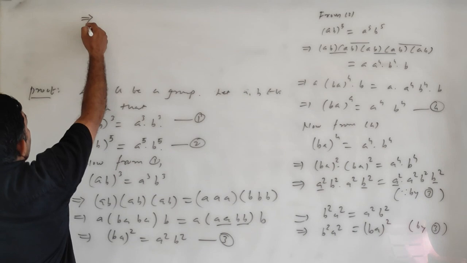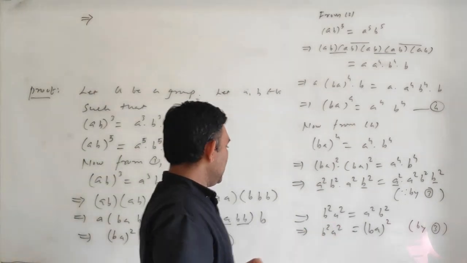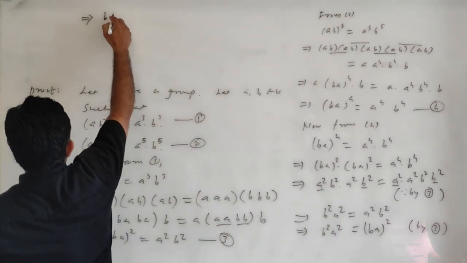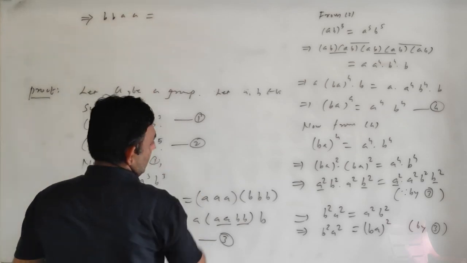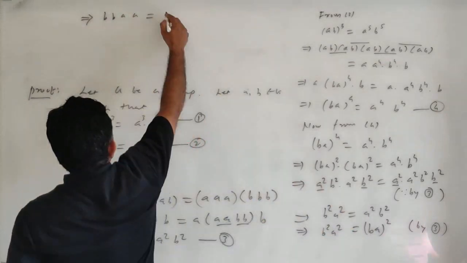So it gives me what? Now B^2 A^2 is (BA)... it is BA, and (BA)^2 is what? It is BA.